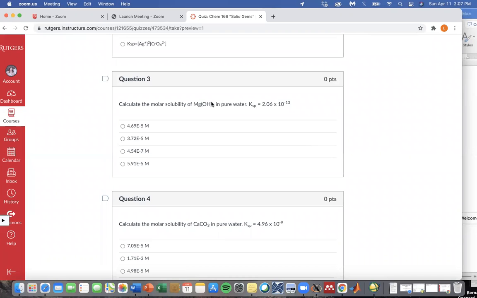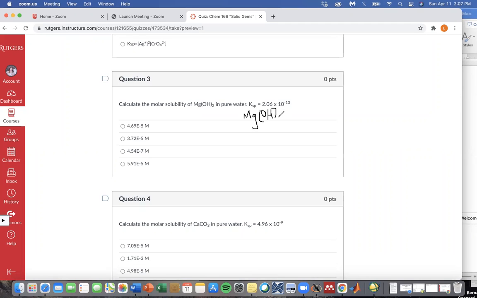Okay, so for this next one, we have to find the molar solubility of MgOH2 in pure water. We'll need the KSP expression to even start solving this one. We can write the solution expression just like we did for the last one.